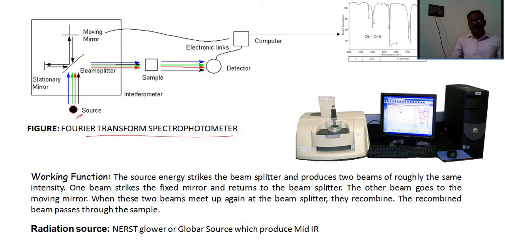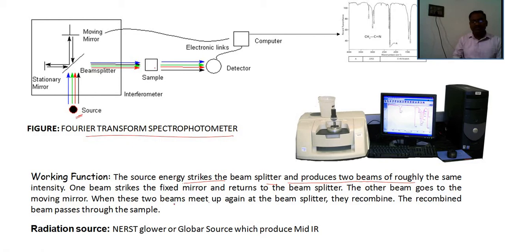How does this FTIR spectrophotometer work? The source energy strikes the beam splitter and produces two beams of roughly the same intensity. One beam strikes the fixed mirror and returns to the beam splitter. The other beam goes to the moving mirror.